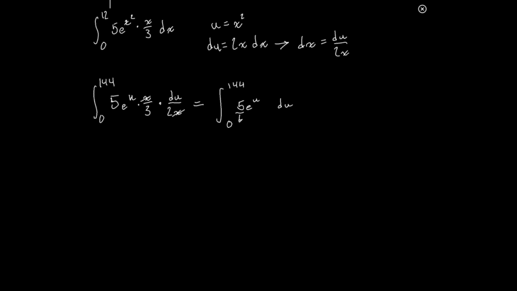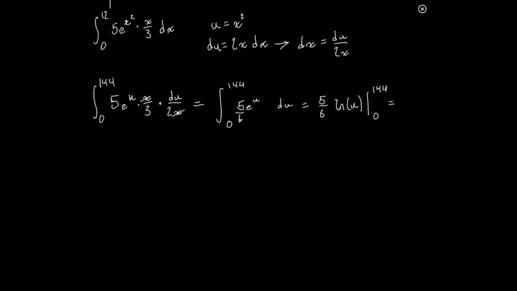Now let's solve for this. Since 5 over 6 is just a constant, that stays the same. Then we have ln of u from 0 to 144.